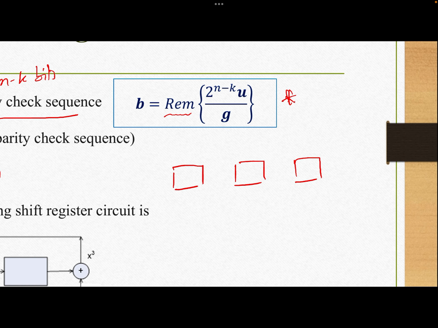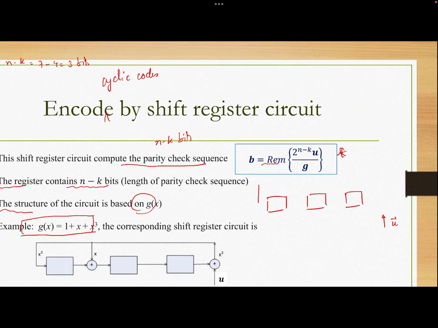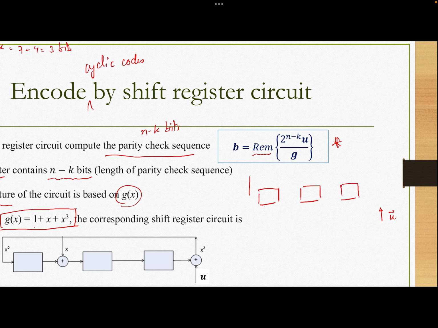The input data will be coming in on the right. We start from the left-hand side with the lowest degree. So g(x) is 1 plus x cubed, right?